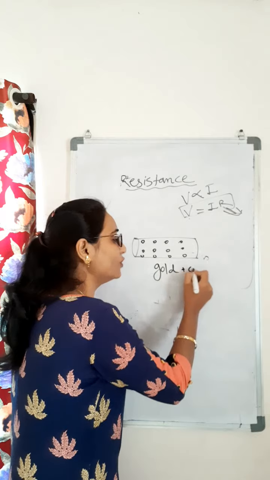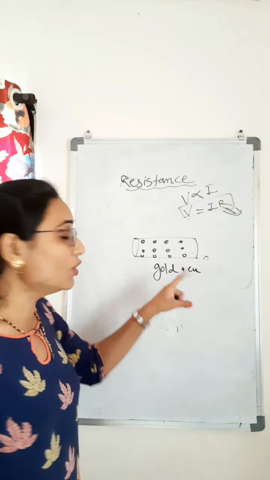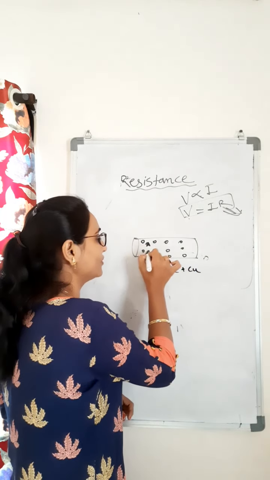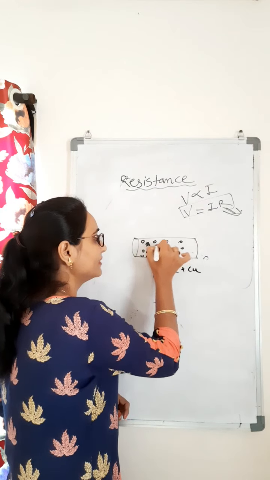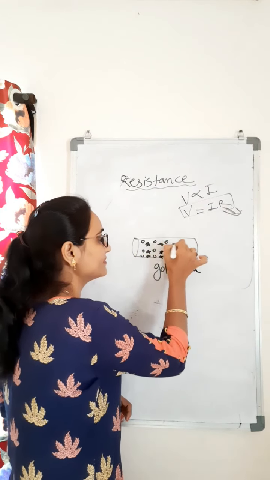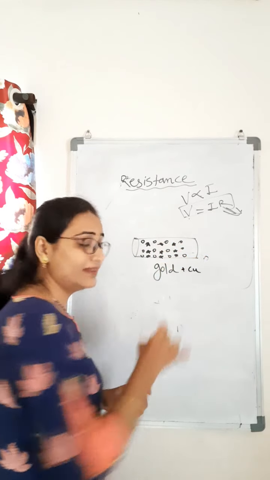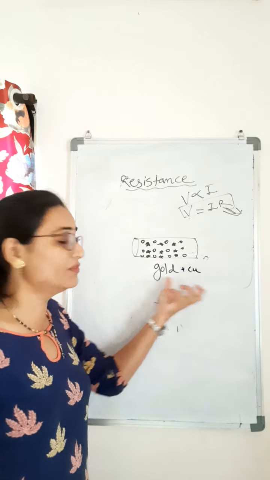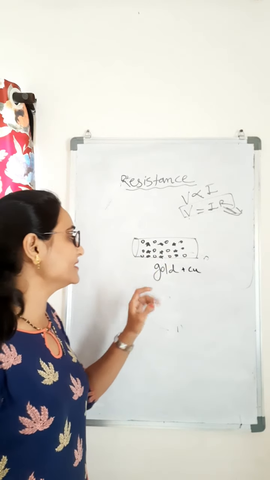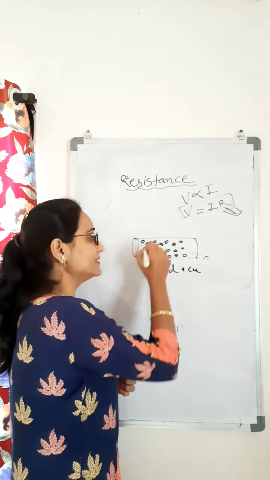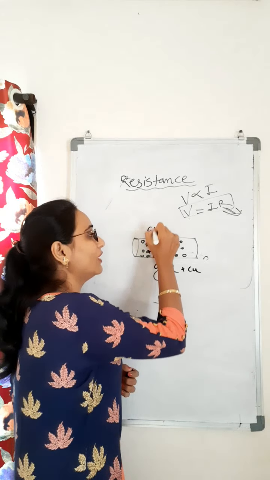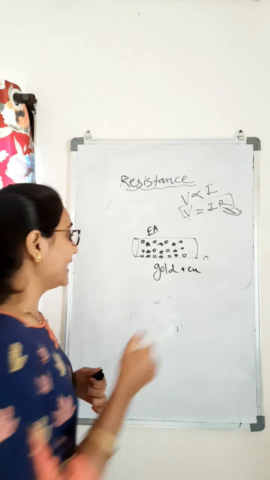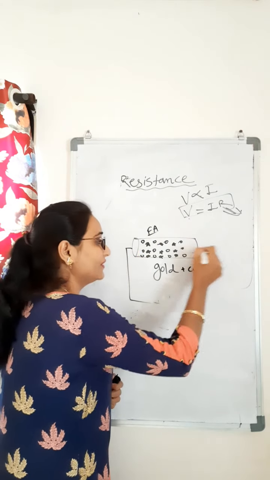Now copper atoms are there, suppose I write the copper atoms with a star mark. These copper atoms are there in the gold because we are mixing them. They are impurities, and we will call them foreign atoms.